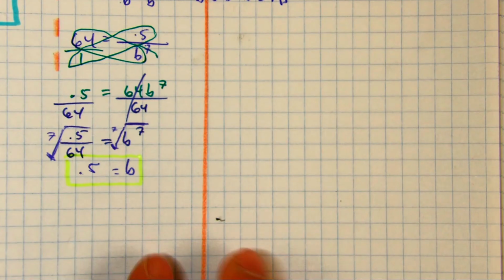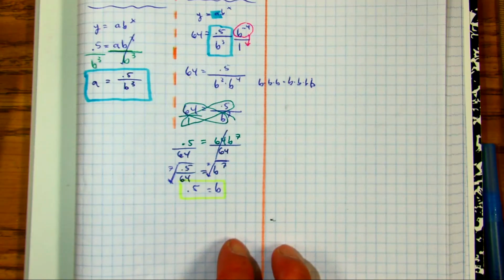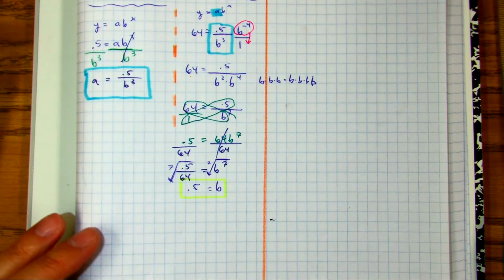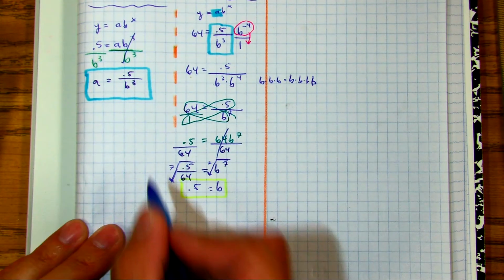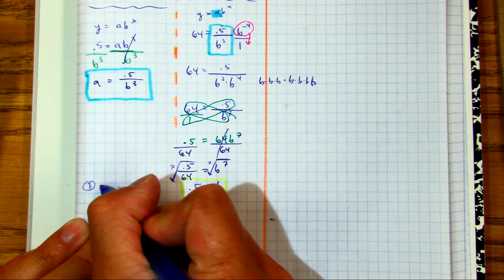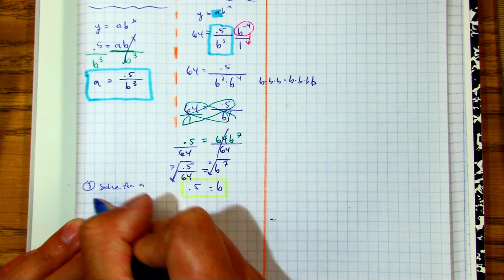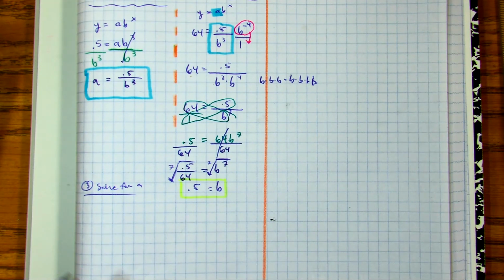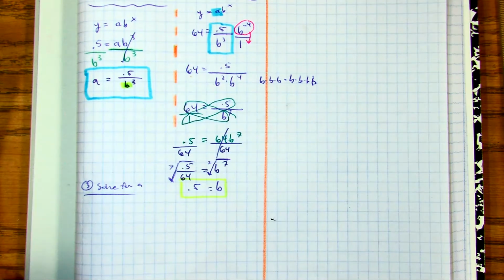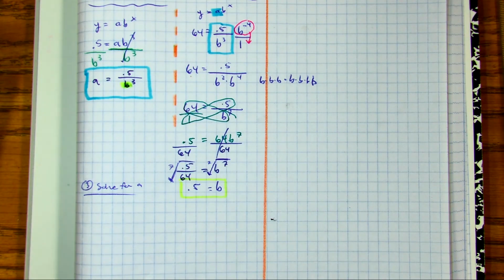Okay, almost done. I got a B value, I don't have an A value. How can I get that A value? We're really solving for A, right? I'm just putting in 0.5 up here. Does that make sense?